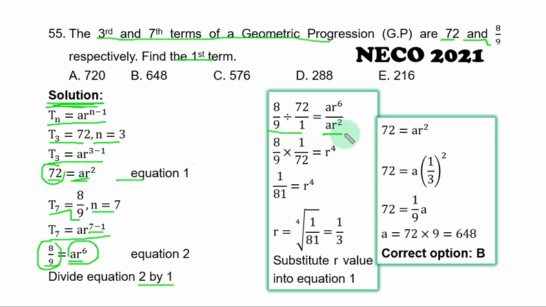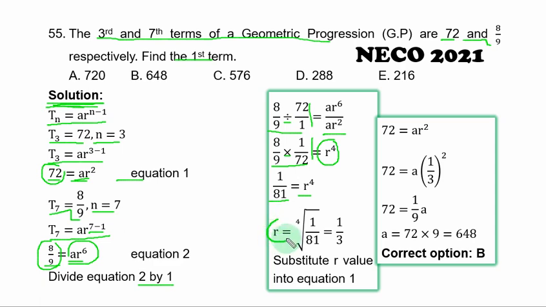You change this sign to multiplication and you invert this fraction to this form. a will cancel a. r to the power 6 divided by r to the power 2, you have r to the power 4. If you simplify this side, you have 1/81 equal to r to the power 4.